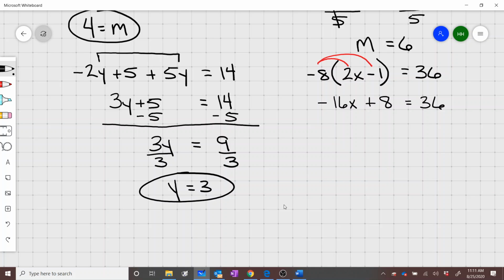After one step, we've put the problem back in the same format as we did yesterday, just like the problems we just did. We combined like terms and made the problem look like yesterday. Now we're doing the distributive property and making the problem look like yesterday. So now we just subtract 8 from each side.